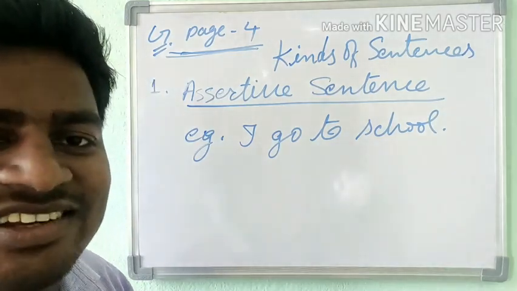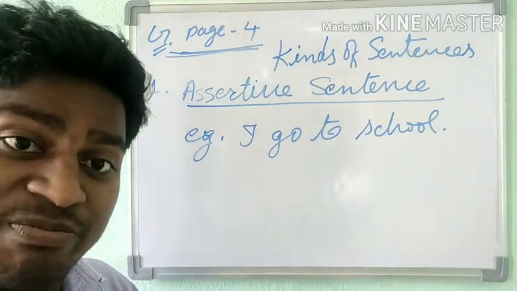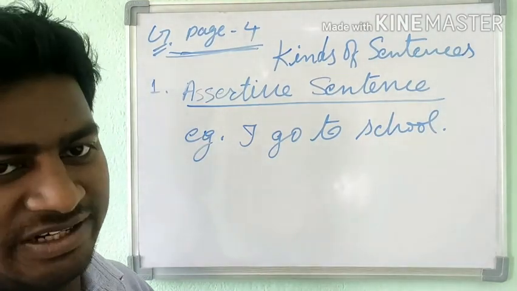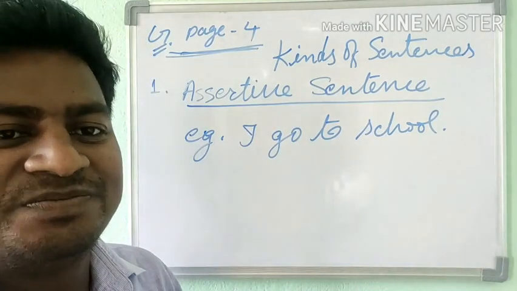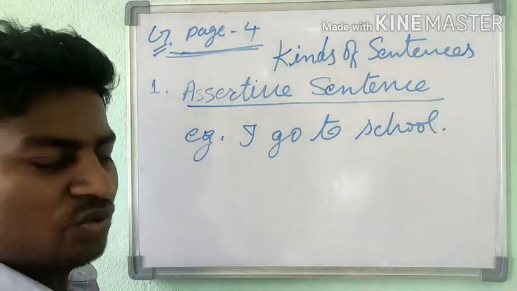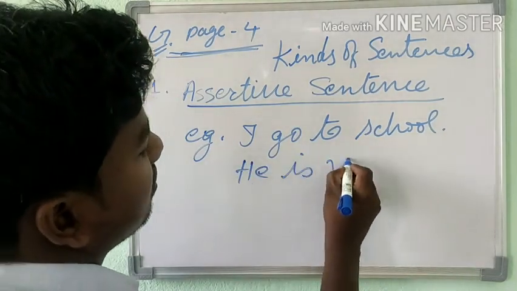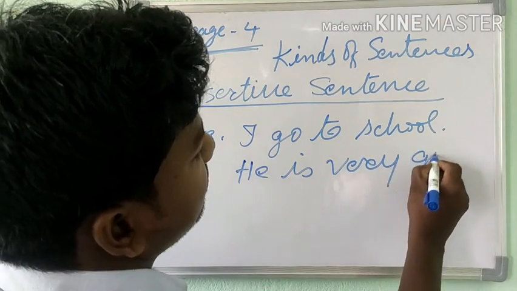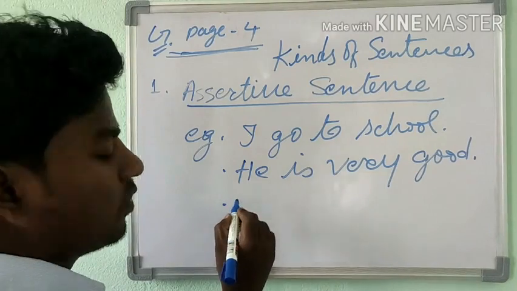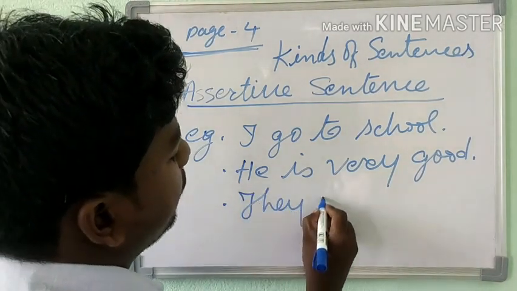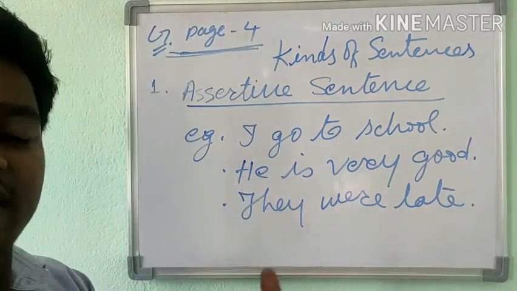We are asserting or declaring something, or we are just making a simple statement. We are just speaking about whatever we are doing. I go to school. He is very good. They were late.